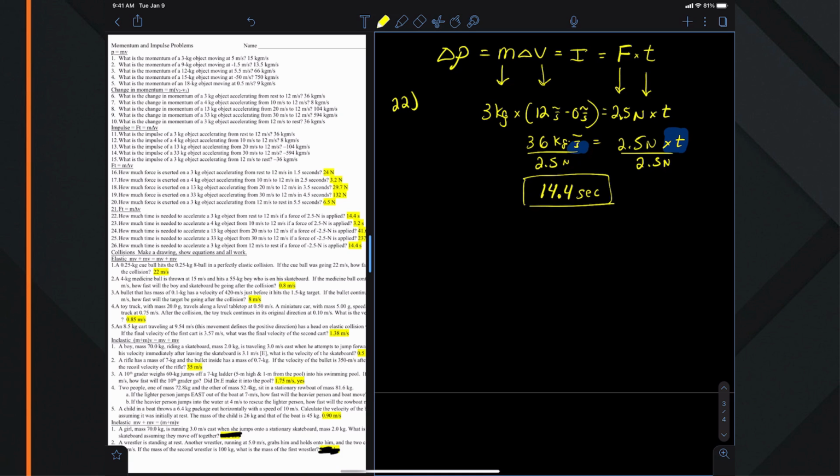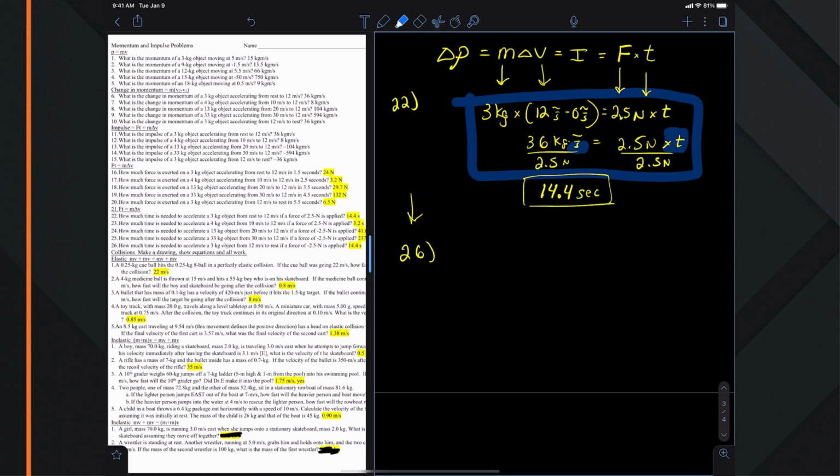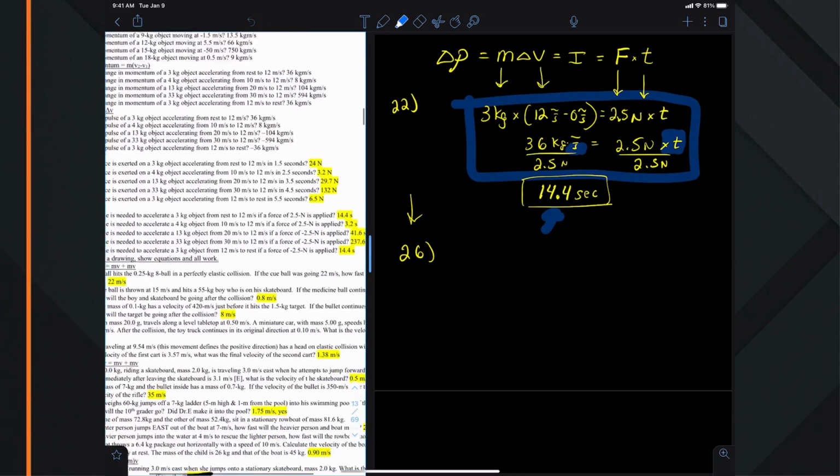What you'll need to do is use that same formula and work your way through to number 26. Again, filling in all of your work right here, and then double checking your answer that you get in your calculator with what you have provided to you on the answer key over here.